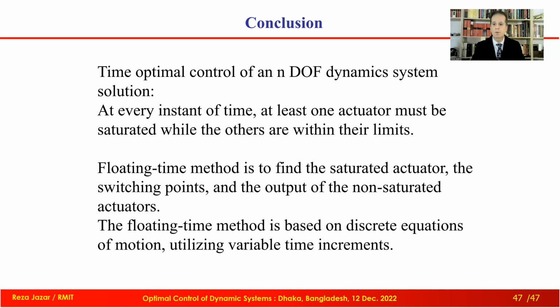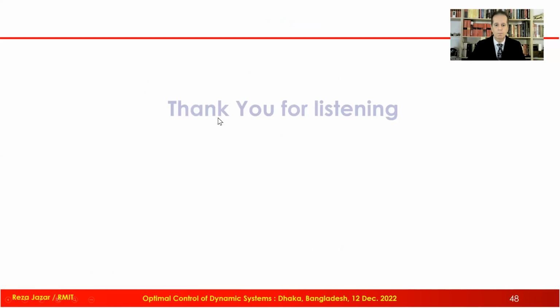What happens if, because of some disturbance, like wind for example, the end effector deviates from the path? There must be feedback to measure and adjust the system. Here, I didn't talk about the feedback problem. So there are a lot of other sub-problems that we can add to this problem, but this is the main solution of time optimal control of a multi-degree-of-freedom system.